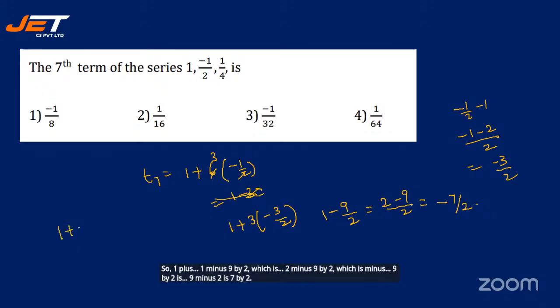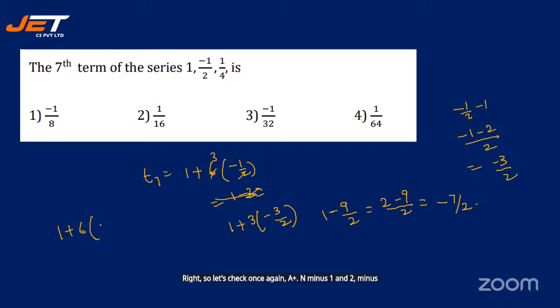Right? So let's check once again. A plus n minus 1 into D, where D is T2 minus T1, isn't it?